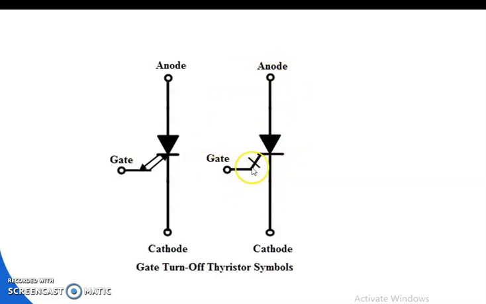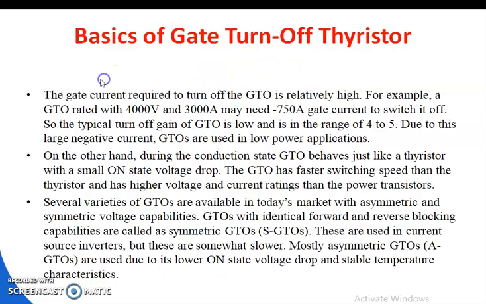In the case of the gate, this mark shows the gate is bidirectional. Otherwise, the construction, operation and symbolic representation are similar to a thyristor.